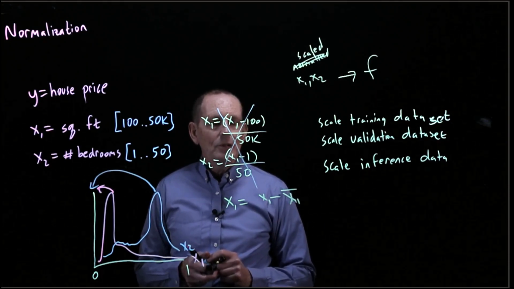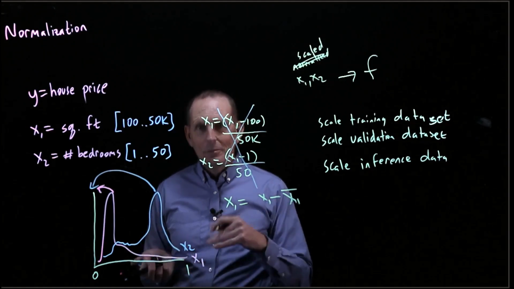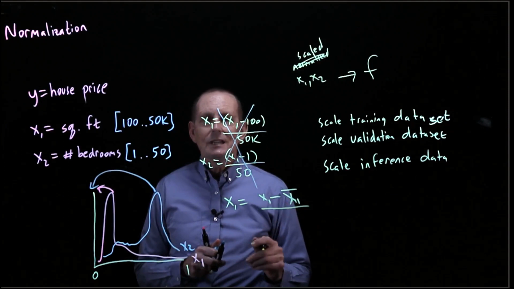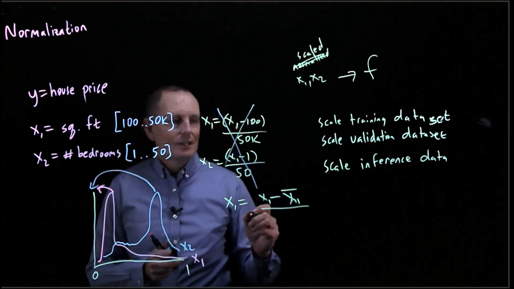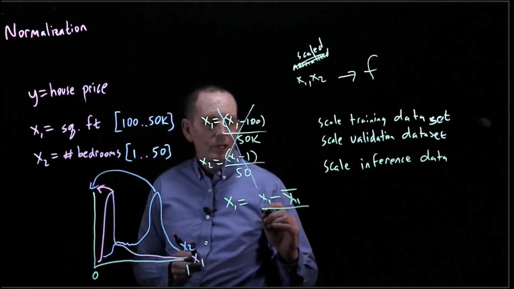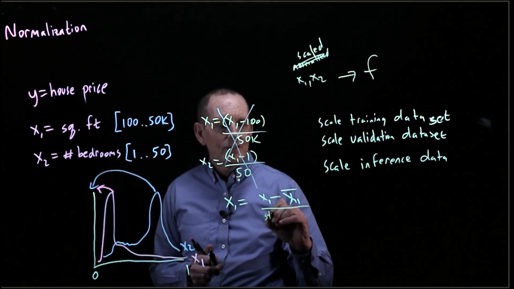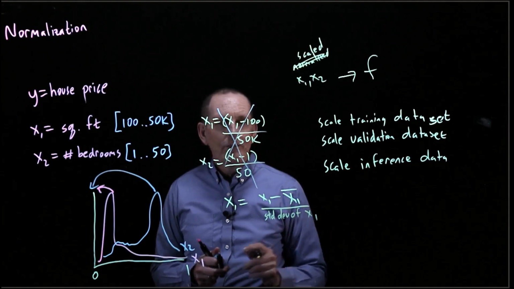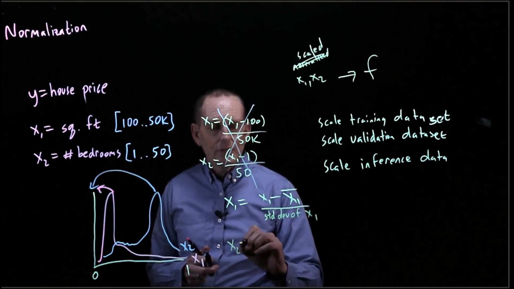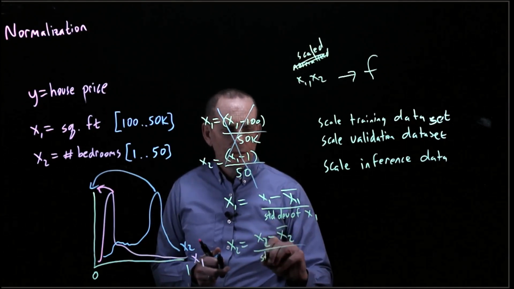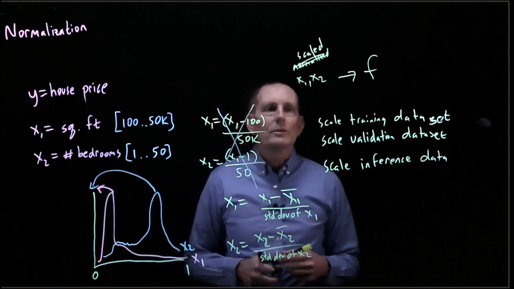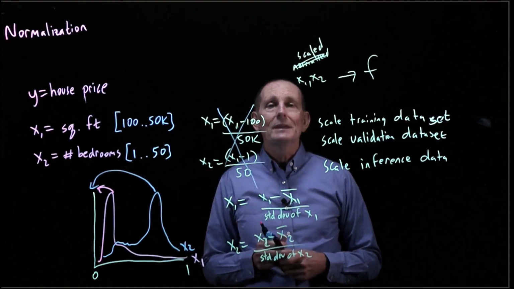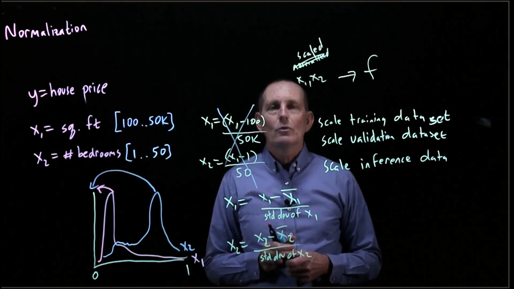That will ensure that half of them will be less than 0 and half greater than 0. What's more, we can adjust the shape of these by dividing by the standard deviation of x1, and then do the same thing for x2. So all of a sudden both x1 and x2 have a mean of 0 and a standard deviation of 1.